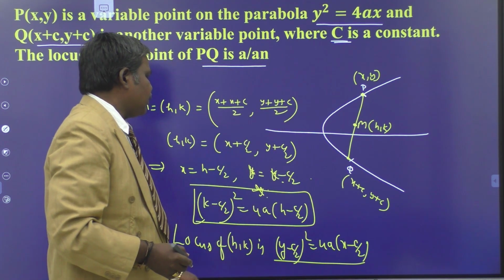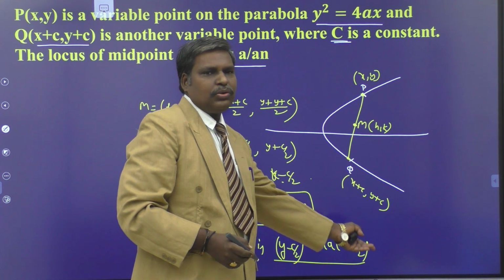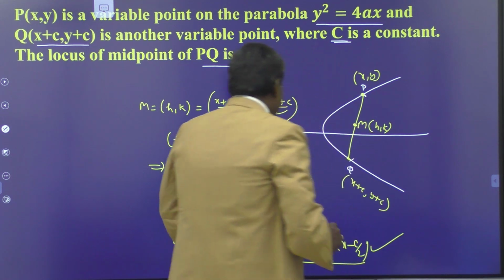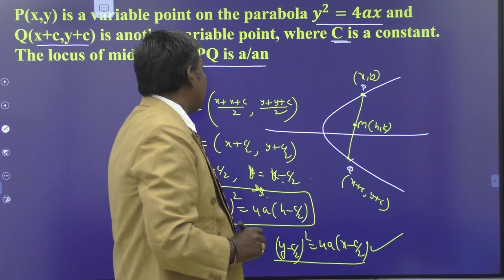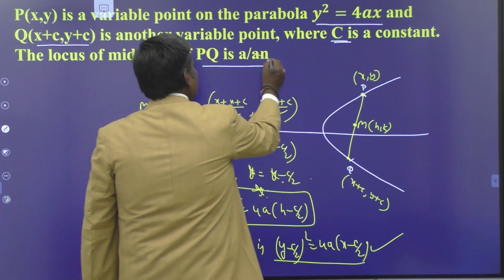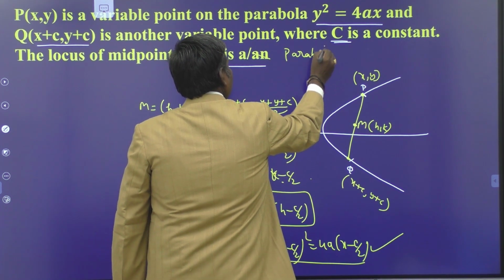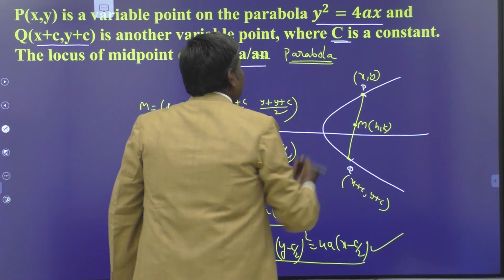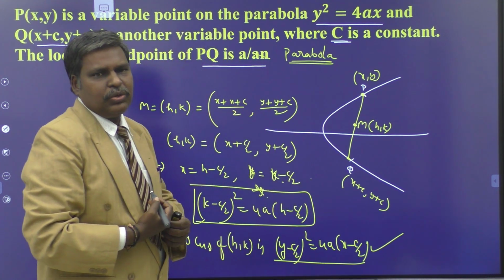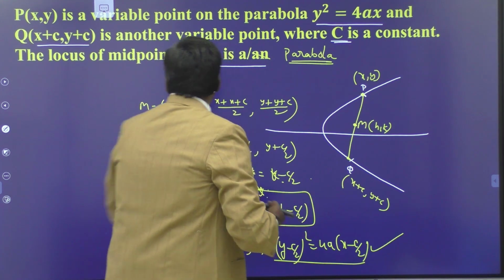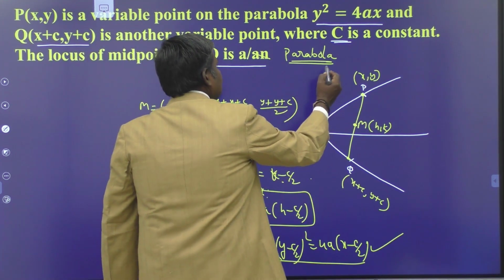It is of the form y minus k whole squared equals 4a into x minus h, so it is a parabola with vertex at c by 2 comma c by 2. The locus of the midpoint of chord PQ is a parabola. Here c is a constant, given to you. c is not varying.